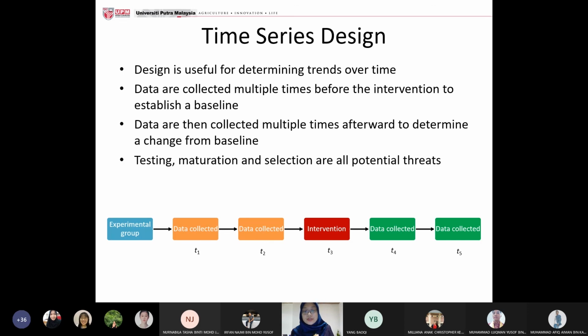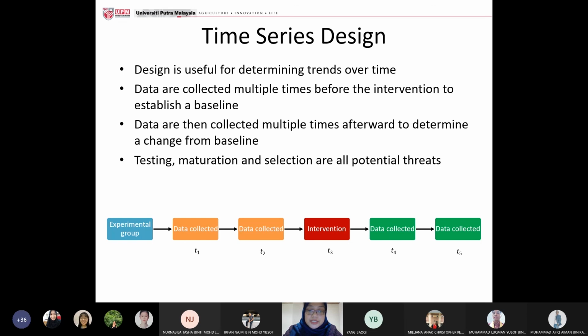Okay, so if it's a 1 year project, every 3 months you go and interview the people or do the survey, and that is some sort of time series design. Okay, in experimental and quasi-experimental designs this is possible, but you have your intervention. You are actively doing something. Okay. So, testing, maturation, and selection are all potential threats.